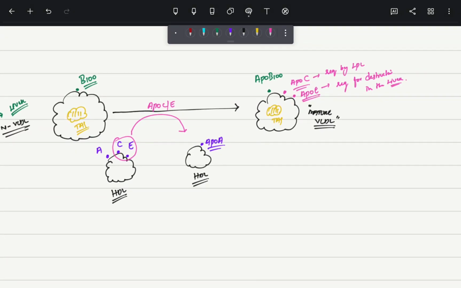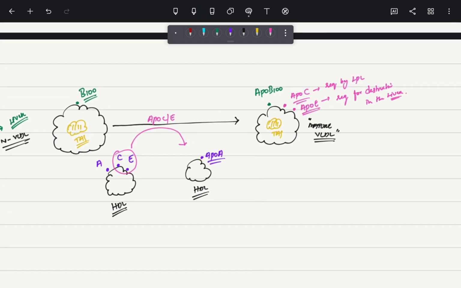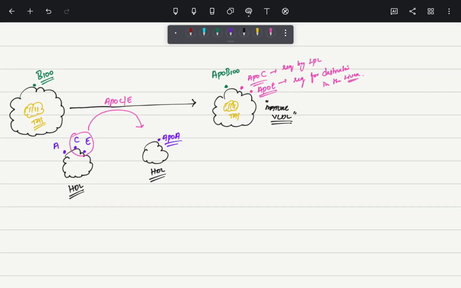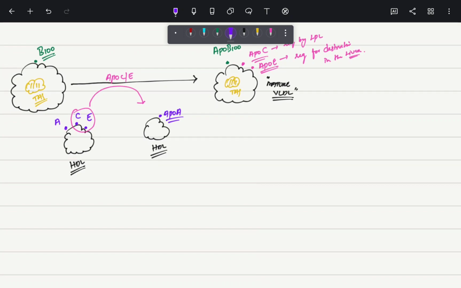As you can see here, this was the mature VLDL. Upon this mature VLDL, there is an enzyme called lipoprotein lipase. Now, what is the function of this lipoprotein lipase?